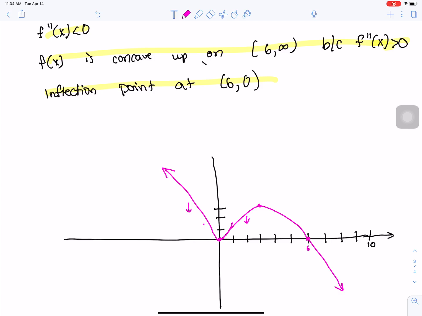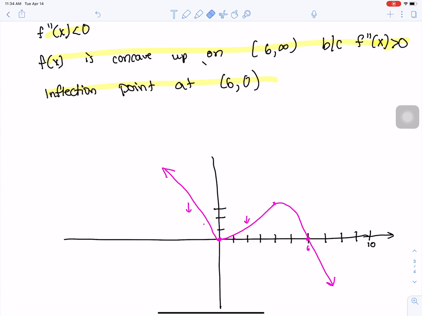And at 4 and 0, my graph is slightly off. At x equals 1, 2, 3, 4, and 3 point something. Concave down.